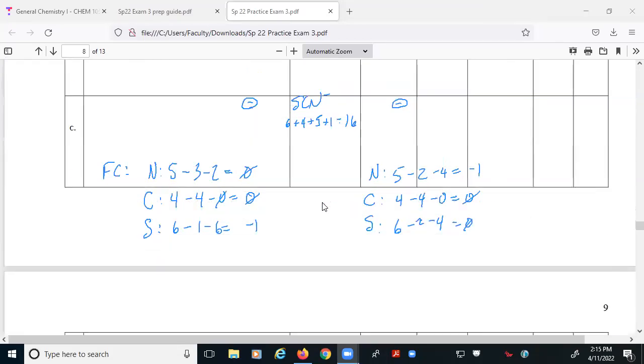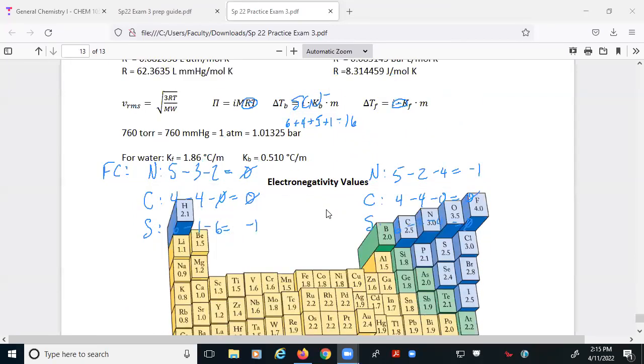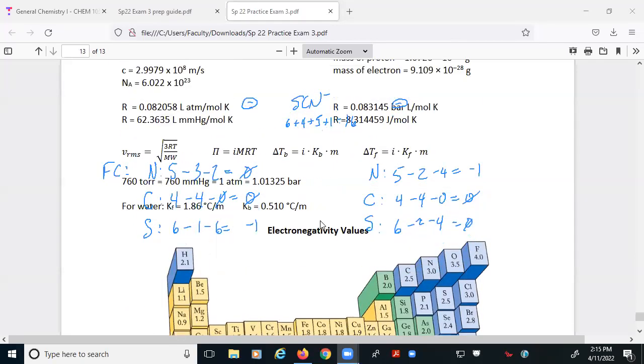How do I choose between the two? Well, this is where that electronegativity scale comes in. Which element is better suited to have that -1 charge? The sulfur or the nitrogen? And if I look at the electronegativities, I see that sulfur has an electronegativity of 2.5. Nitrogen has an electronegativity of 3.0.